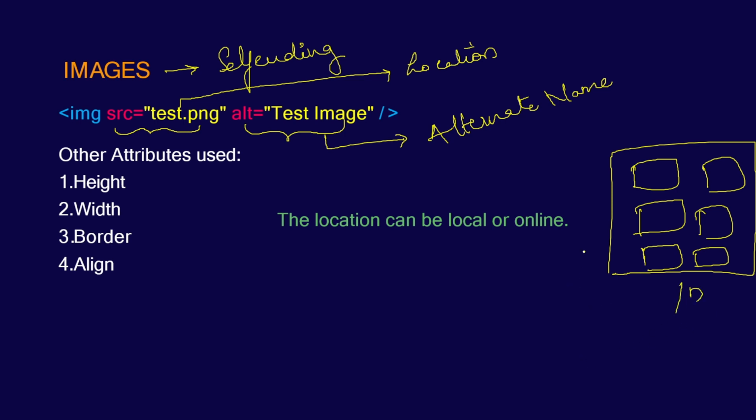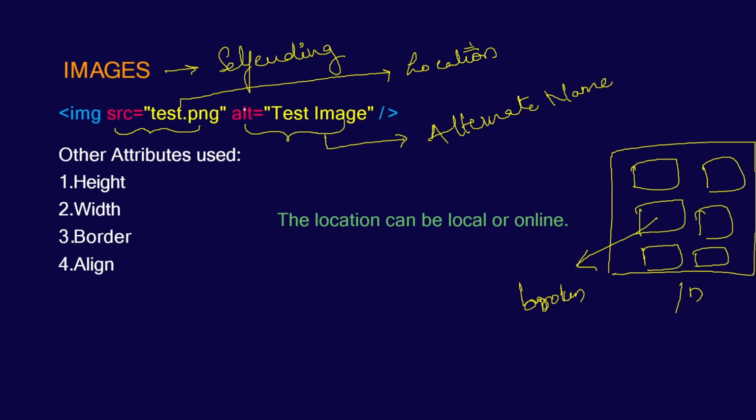Inside your n number of images, somewhere some image is broken. How can it be broken? If the location that you have added is mistaken, or if some letter is missing in that particular location, then your image gets broken. Now in so many images, how can you search for that image?